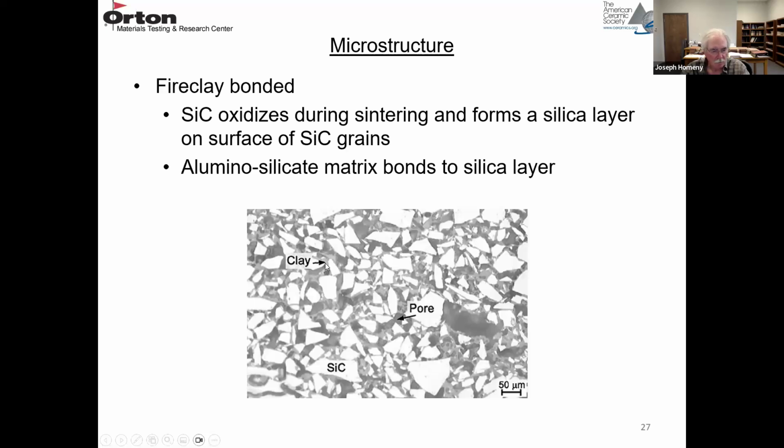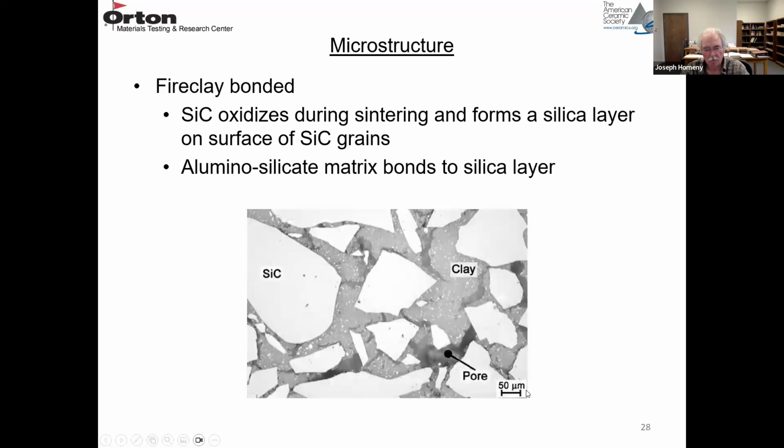This gray color, there's a lighter gray color for the clay and a little bit darker gray color for the pores. Here's a large pore. So you can see the clay, the mixture of mullite and glass bonding the silicon carbide aggregates. And there's quite a bit of porosity in this one.